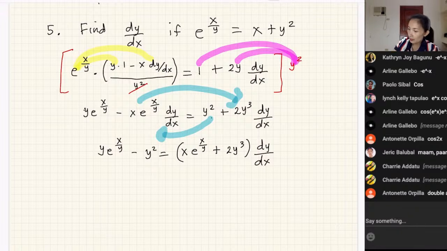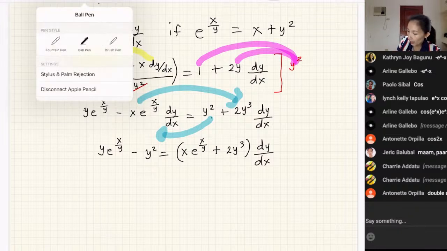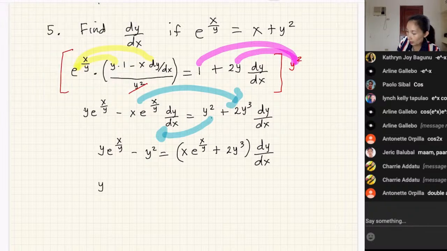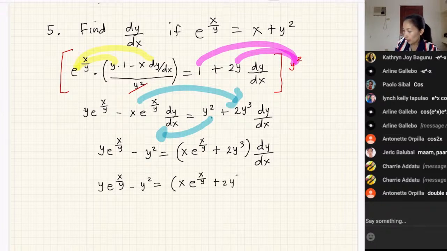Let me just copy first. y e raised to x over y minus y squared equal to the quantity x e raised to x over y plus 2y cubed, dy over dx.